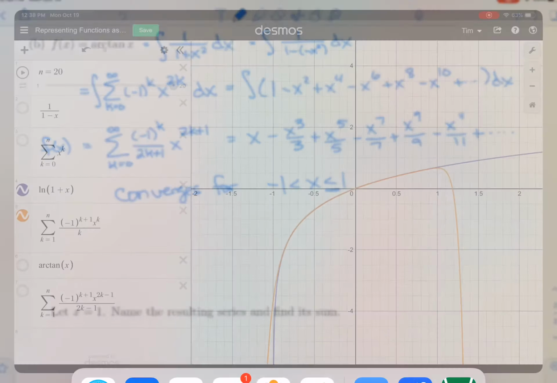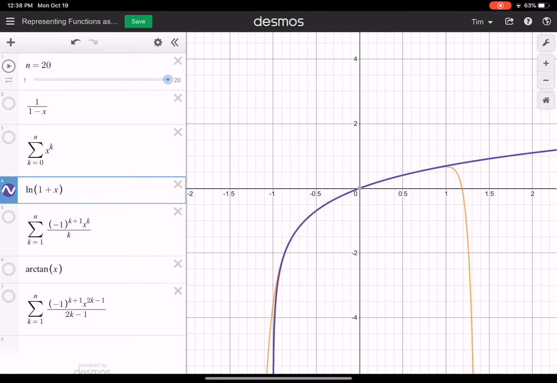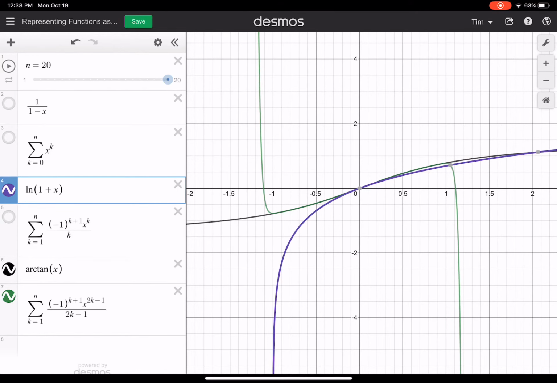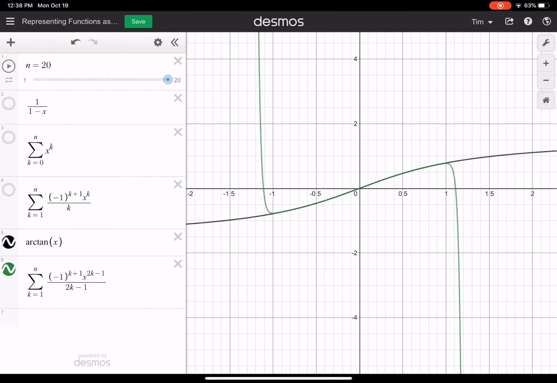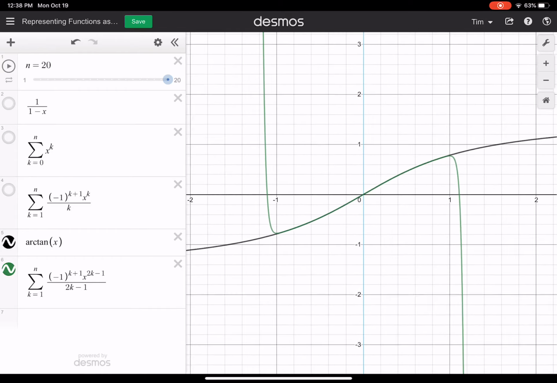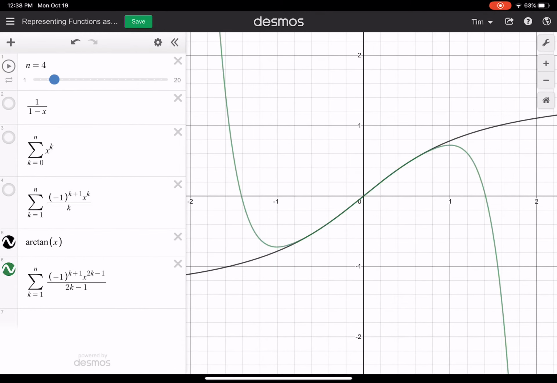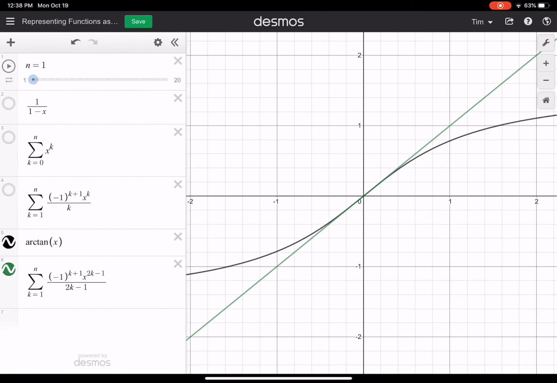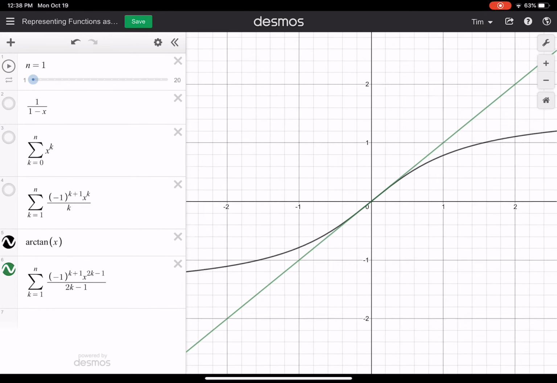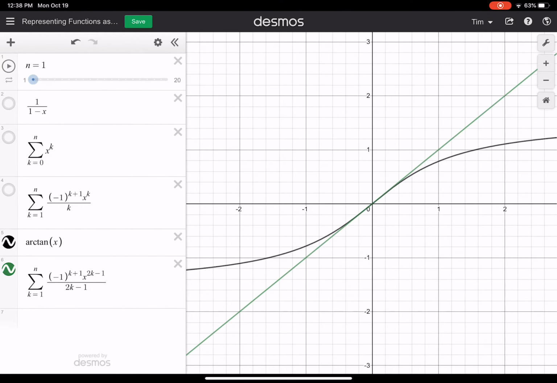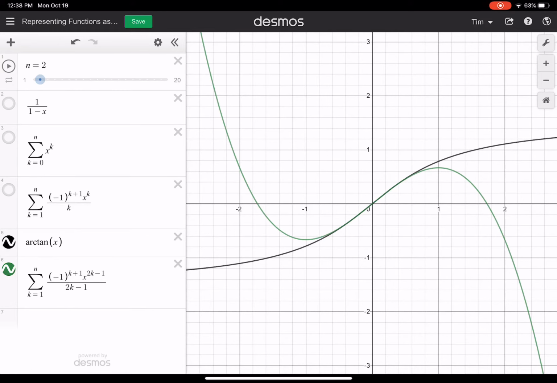So let's look again at Desmos. And let's plot arctangent of x. If we look at the first term in the series, there is x, and that gives us the tangent line. Then the next term will be a minus x cubed over 3 that we add on.